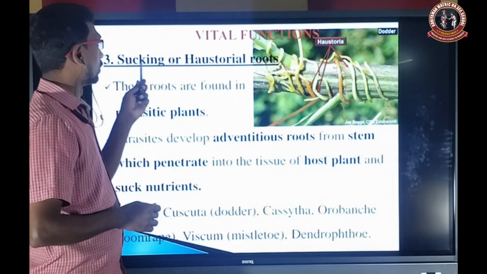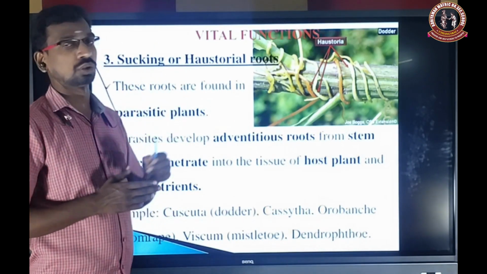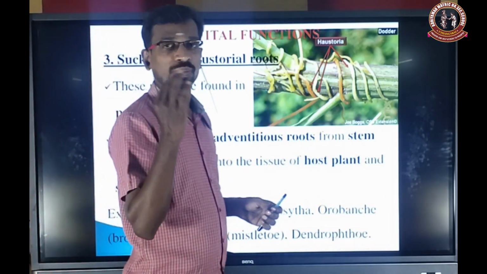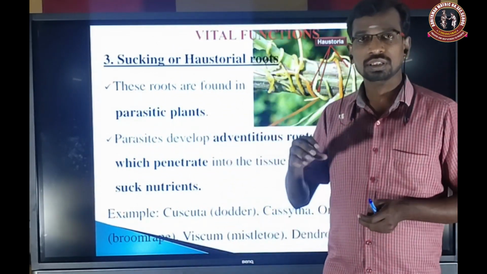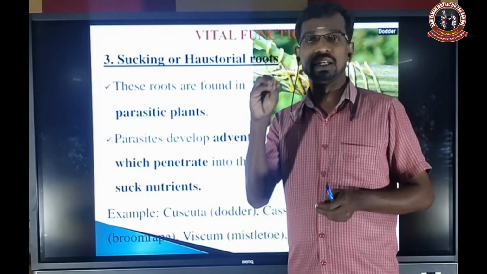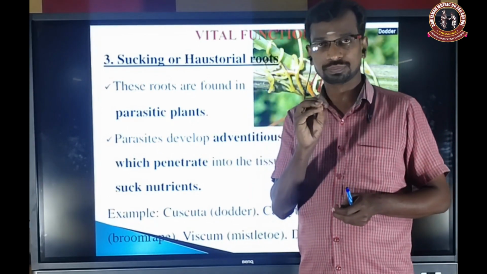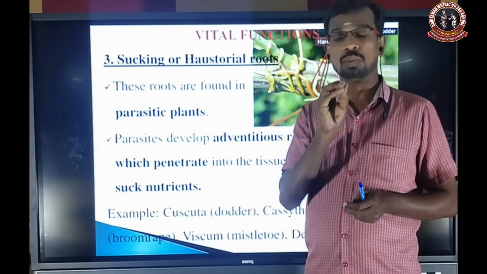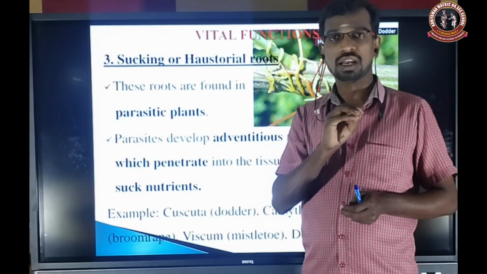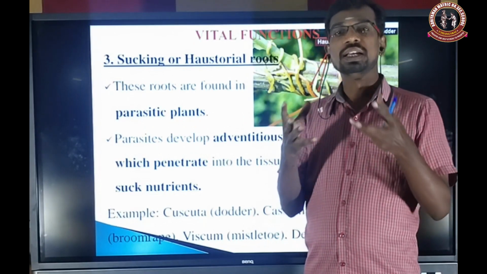And another vital function, that is a sucking or haustorial root. Here some specialized root-like structure will be formed from the parasitic plant, and it will penetrate inside the host stem. It will contact either both xylem and phloem or anyone, either xylem or phloem, and it gets the nourishment.